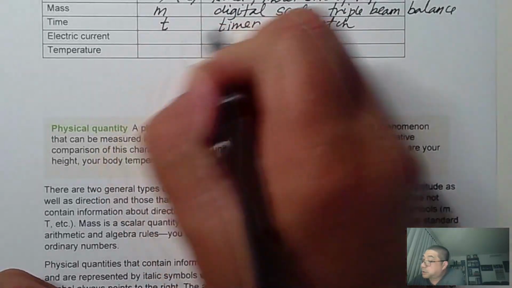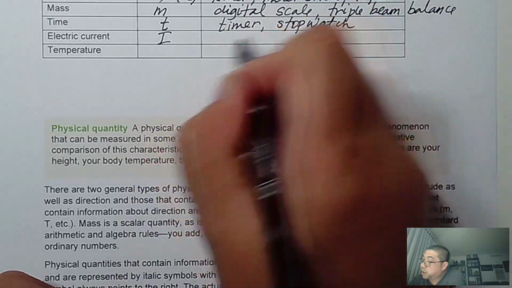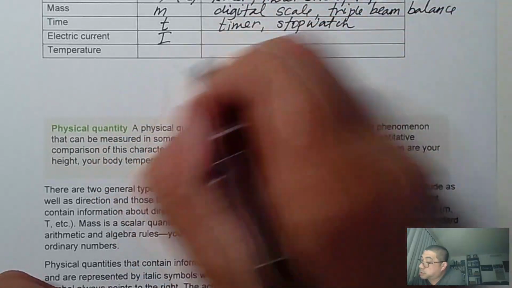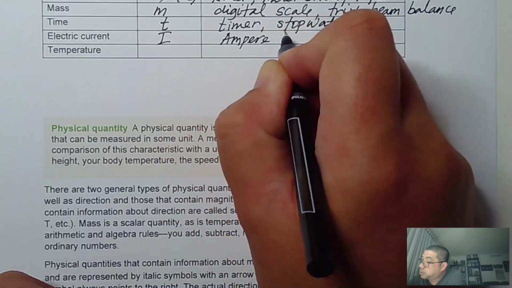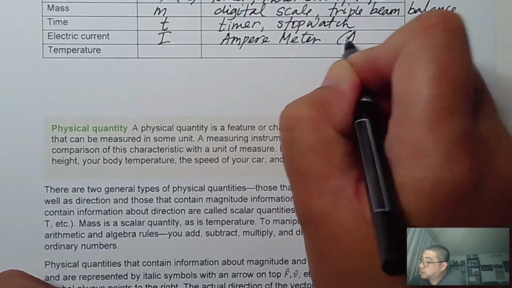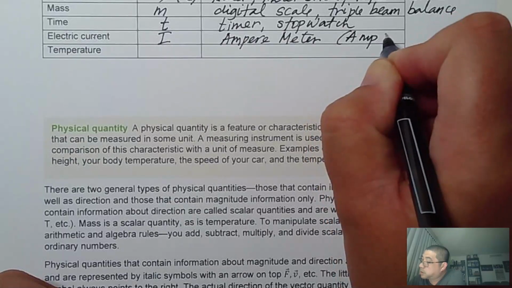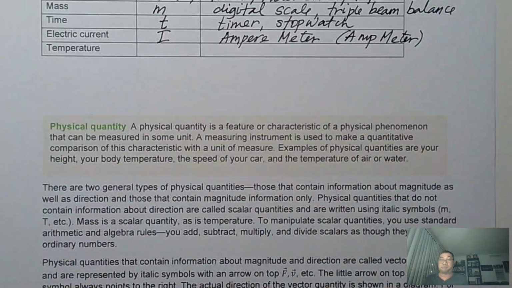Electric current, which is I. It says there we use ampere, so the measurement is in terms of amperes, so we use an ammeter, or sometimes we can see it as amp meter, instead of writing the whole phrase ampere meter.